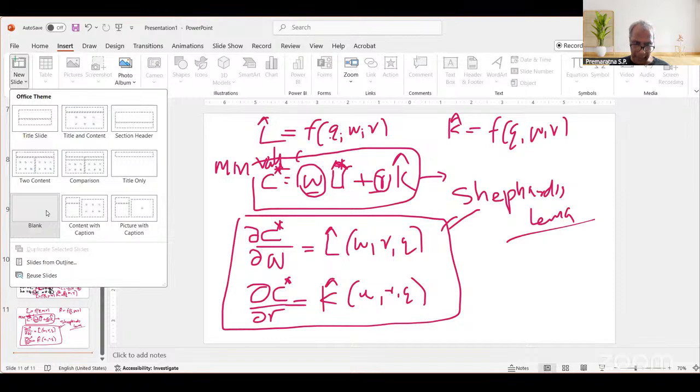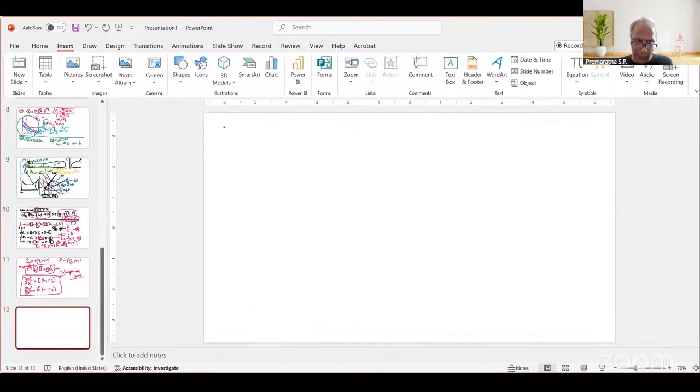Okay. And the other thing, I try to derive the maximum value function. In mathematics it is called that, but in microeconomics, we call it the maximum value profit function.